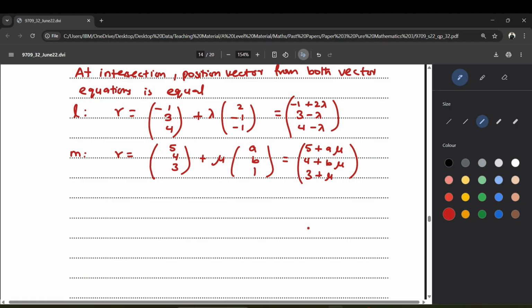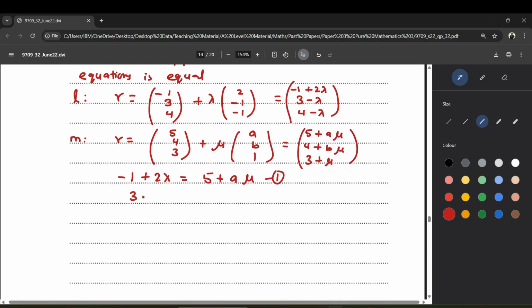So minus 1 plus 2 lambda is equal to 5 plus a mu. That's your first equation. 3 minus lambda is equal to 4 plus b mu. That is your second equation. And 4 minus lambda is equal to 3 plus mu. That is your third equation.